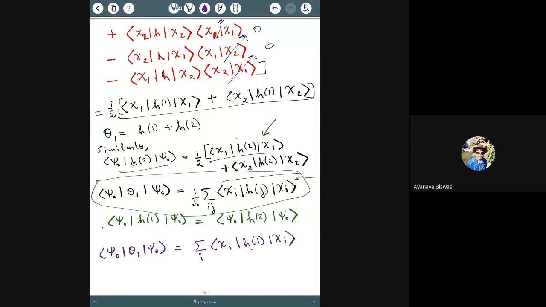Let's say if I put an electron in spin orbital 1 or in spin orbital 2, that makes a difference. Which spin orbitals I am occupying makes a difference. But which particular electron I use to put in those spin orbitals does not matter.